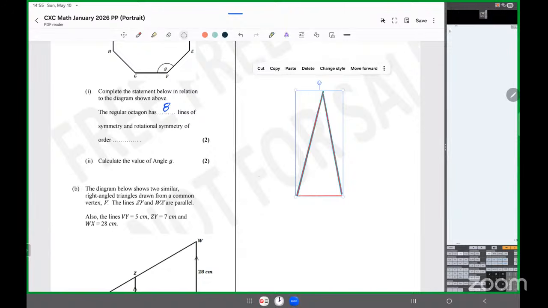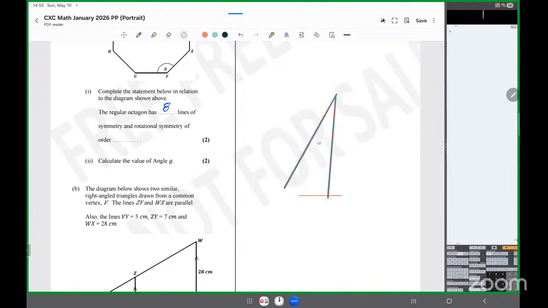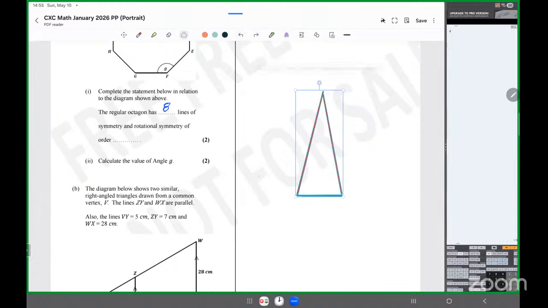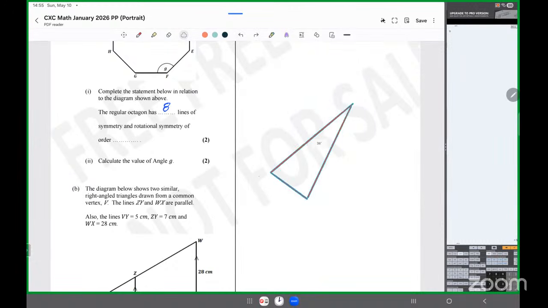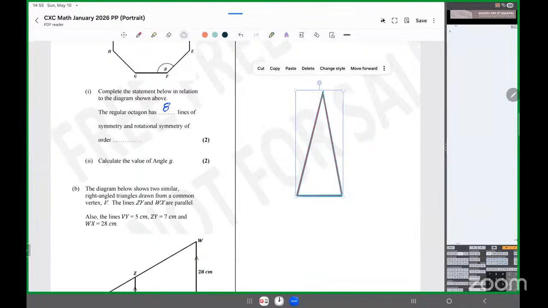If you turn it, it will never look like the original one. It will never look like the original triangle until you reach back the original position. You can't put it in the same position 2 times. So this is order 1. That's an isosceles triangle.